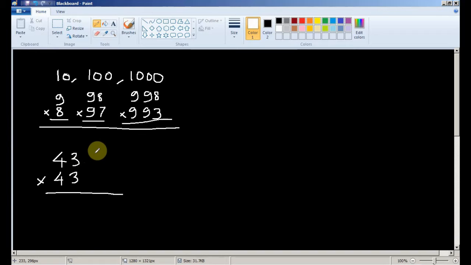So for example, to solve this problem, we have to take a base very near to this number 43. Let's say 100 is my base, then I divide 100 by 2 and I get the number 50 as my base.